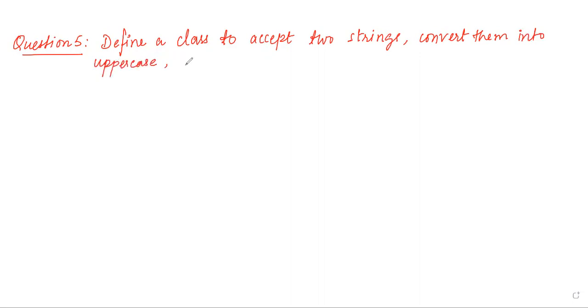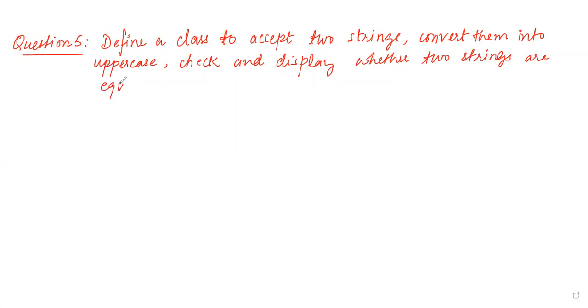After that, check and display whether two strings are equal or not. So first of all, you have to check whether these two strings are equal or not. And print the string with the highest length.